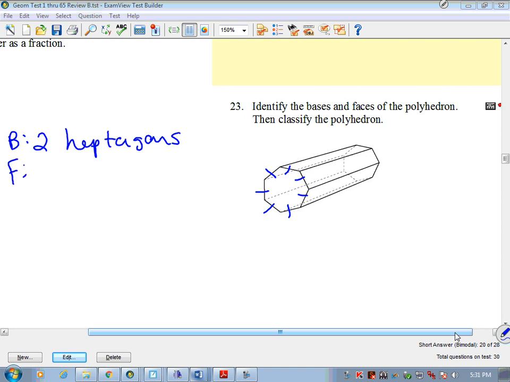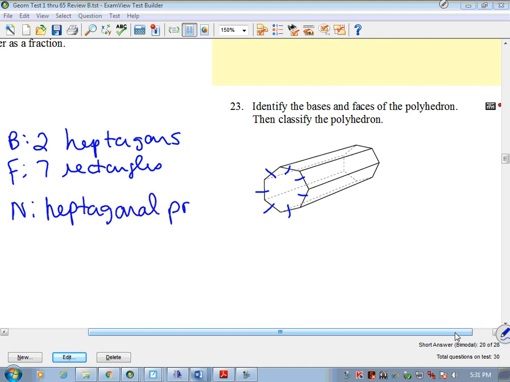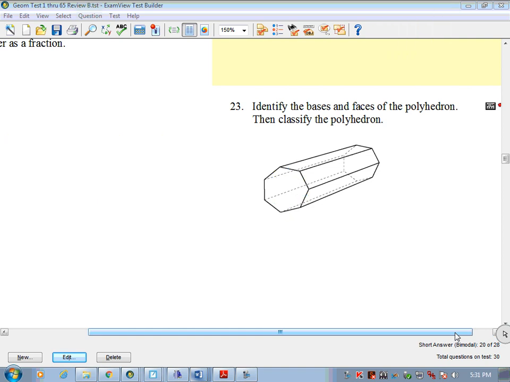Faces are 7 rectangles. Okay, classify the polyhedron, which is my name. We would say that this is a heptagonal prism. It's different than the pyramid we looked at because it has 2 parallel bases. Heptagonal prism. Okay, so usually on those your answer is your answer.